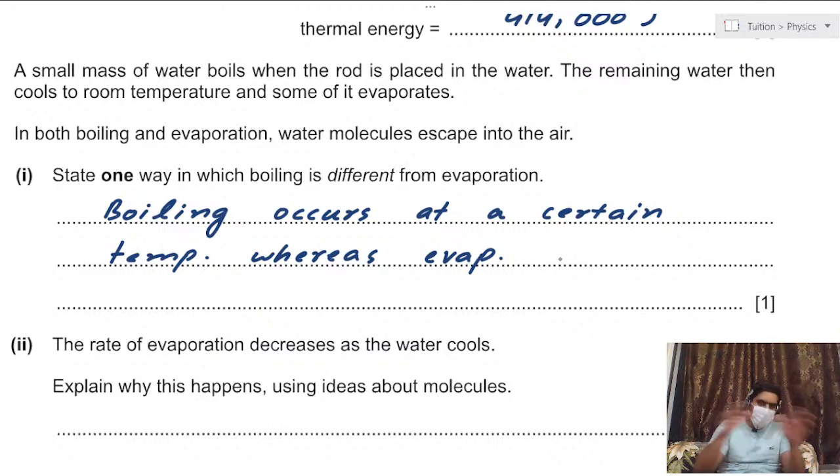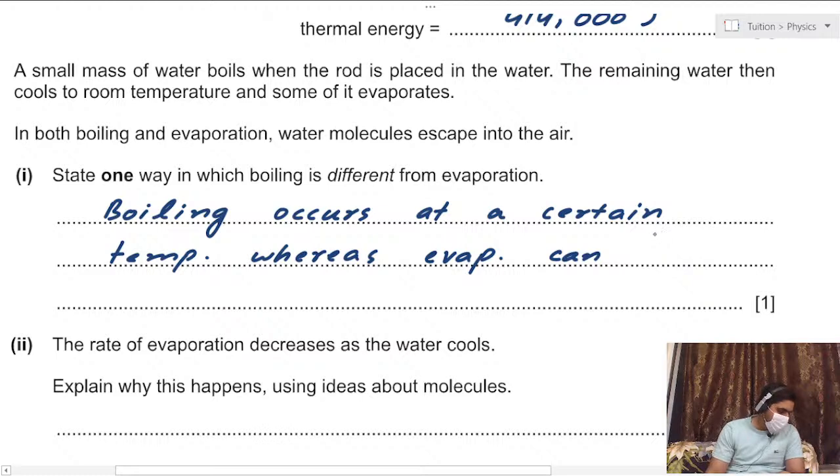Boiling occurs throughout the liquid. That's totally right. Sufficient energy is supplied in boiling. Yeah, you have to supply a certain amount of energy. Before supplying that specific amount of energy, the process of boiling cannot start. Yeah, boiling doesn't cause cooling. That's totally right. Whereas evaporation can occur at any temperature.